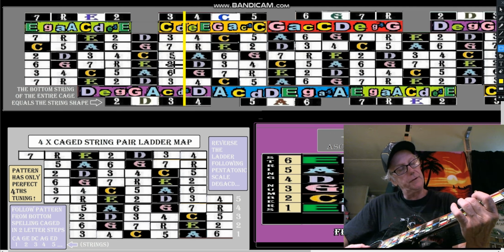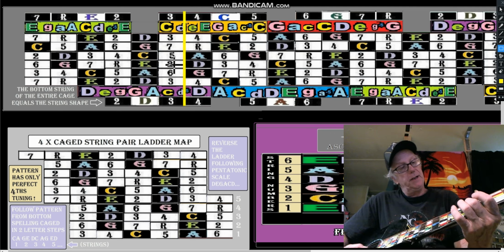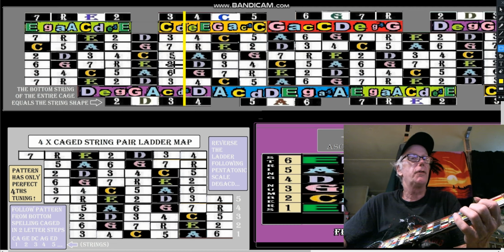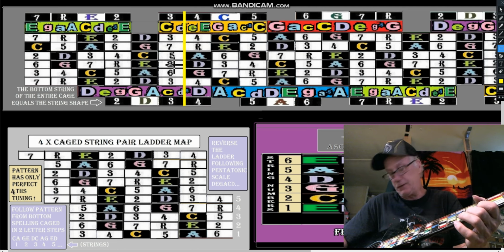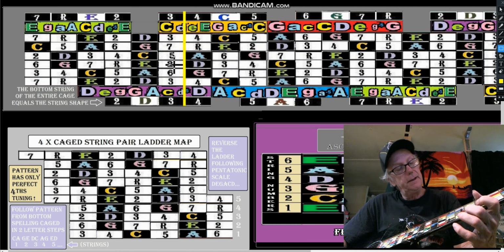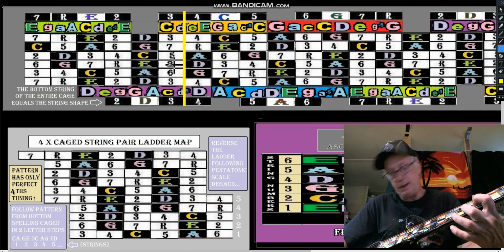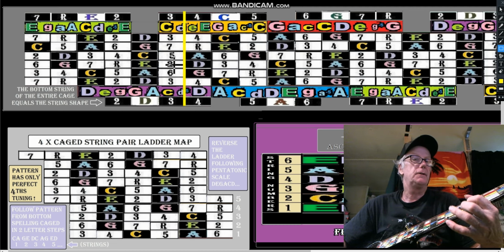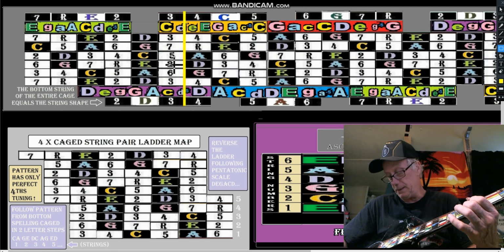So the 4th of E is A, the 4th of A is D, the 4th of D is G, the 4th of G is C, but it's a diminished fourth to B. The 4th of B is back to E. Now in fifths: the 5th of E is B, the 5th of B is F sharp, but we augment it to the G, and then we go back to the normal.